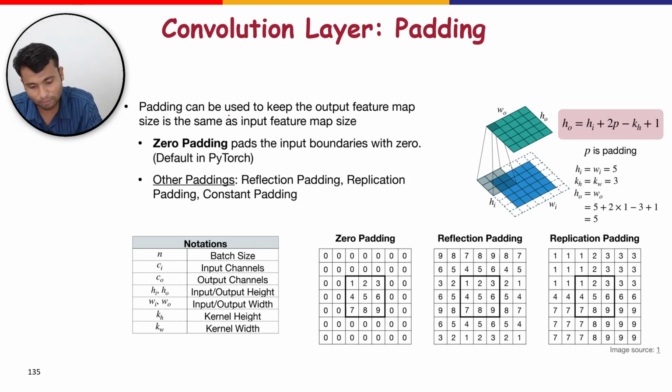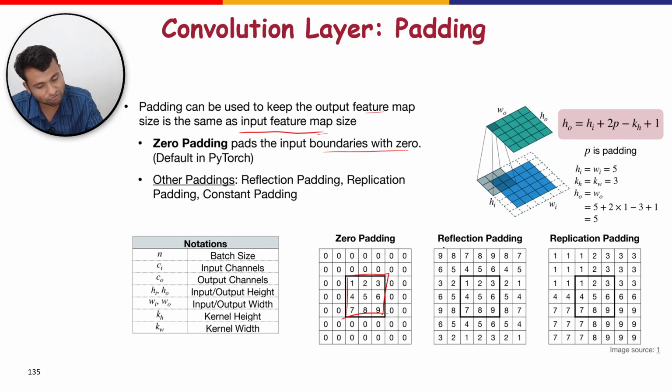Padding can be used to keep the output feature map size the same as the input feature map size. Zero padding pads the input boundaries with 0. This is the default padding, that if this is your input, then you can pad it with zeros depending on how much padding you do.